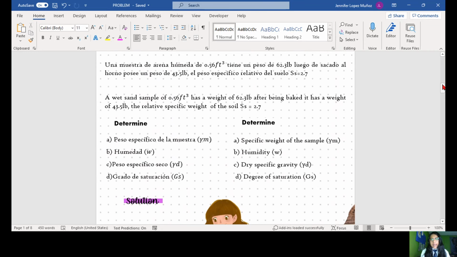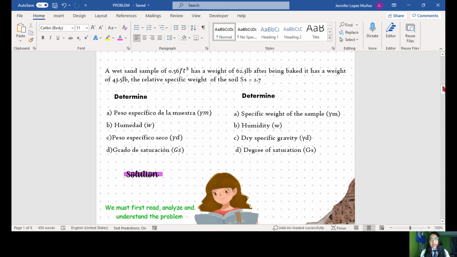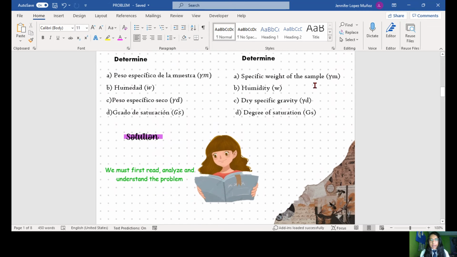The problem asks you to determine four aspects. Letter A, specific weight of the sample; letter B, humidity; letter C, dry specific gravity; and letter D, degree of saturation.